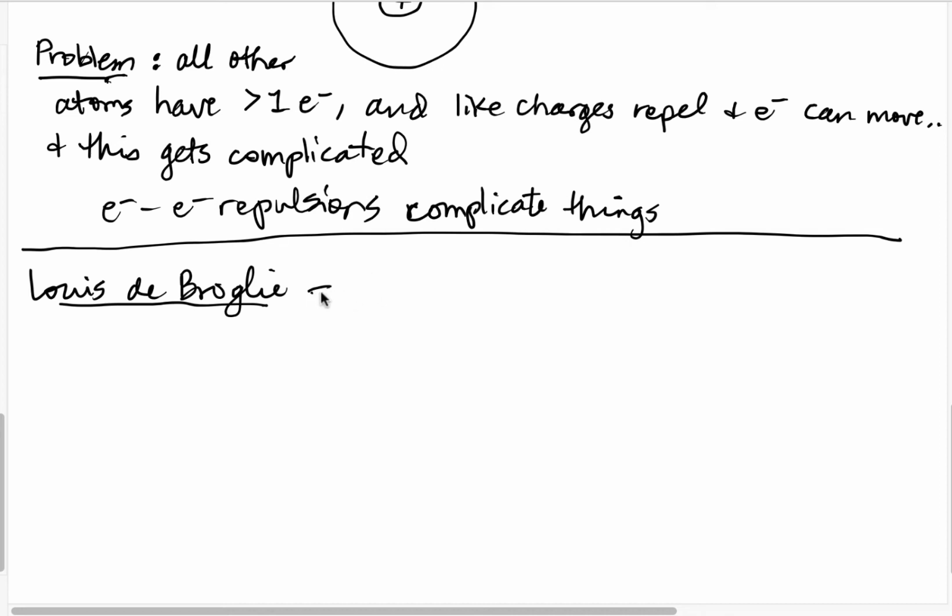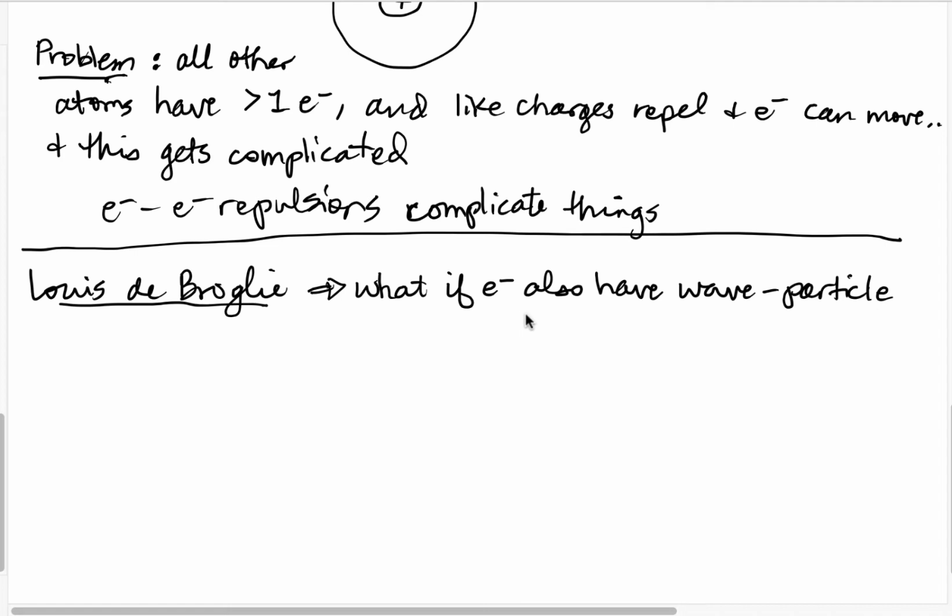And he thinks to himself, what if electrons also have wave-particle duality? What if they can act like a wave? Because remember, electrons have been assumed to be particles. They have mass, they have charge. They're not like light, right? And so everybody just assumed they were little round spheres with negative charge on them, effectively.